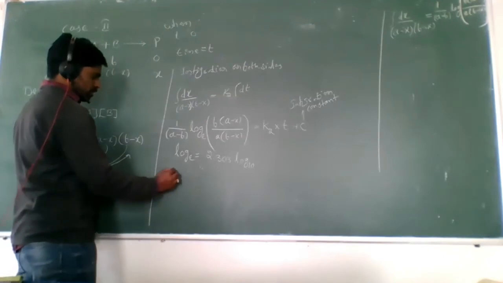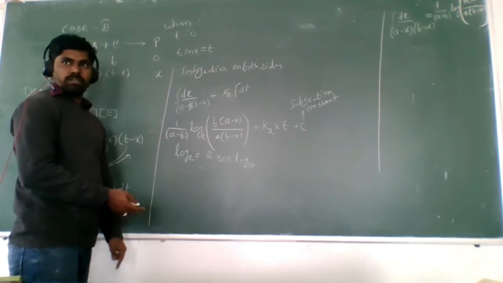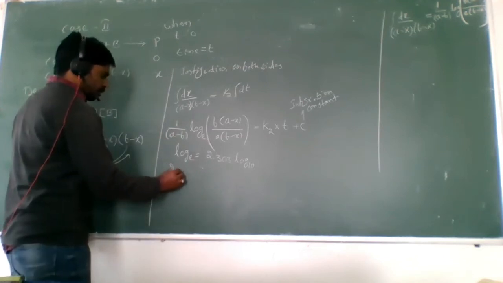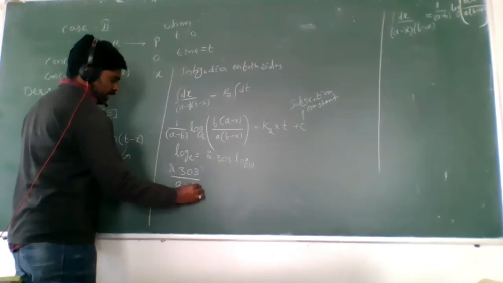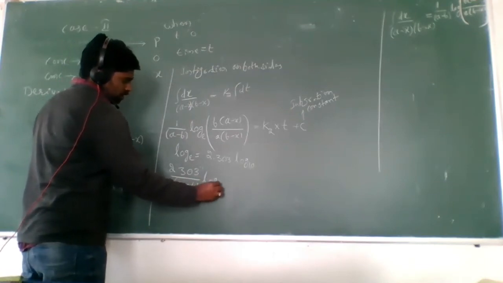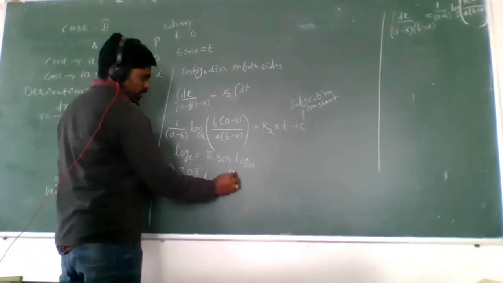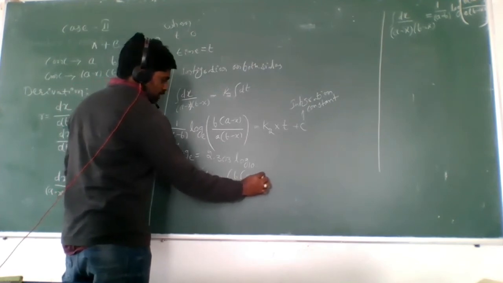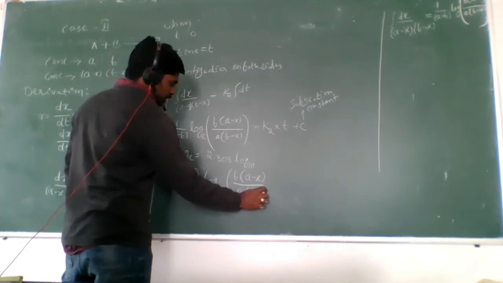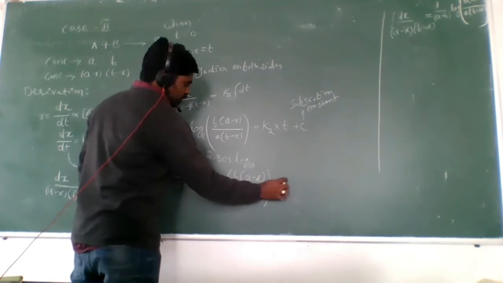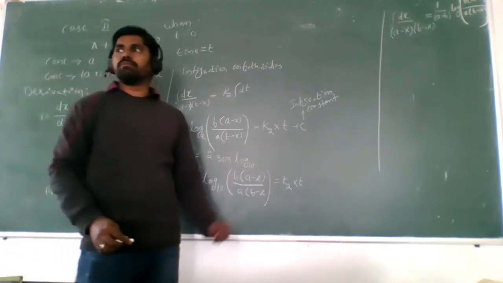So we write 2.303 by (a minus b) log base 10 of b(a minus x) by a(b minus x) equal to k2 t, without the constant value, which is not needed in the next step.